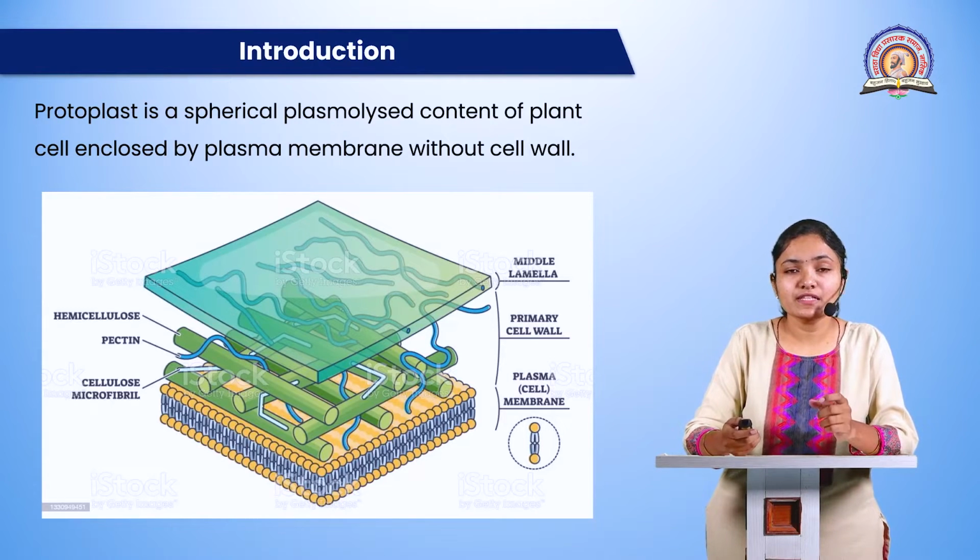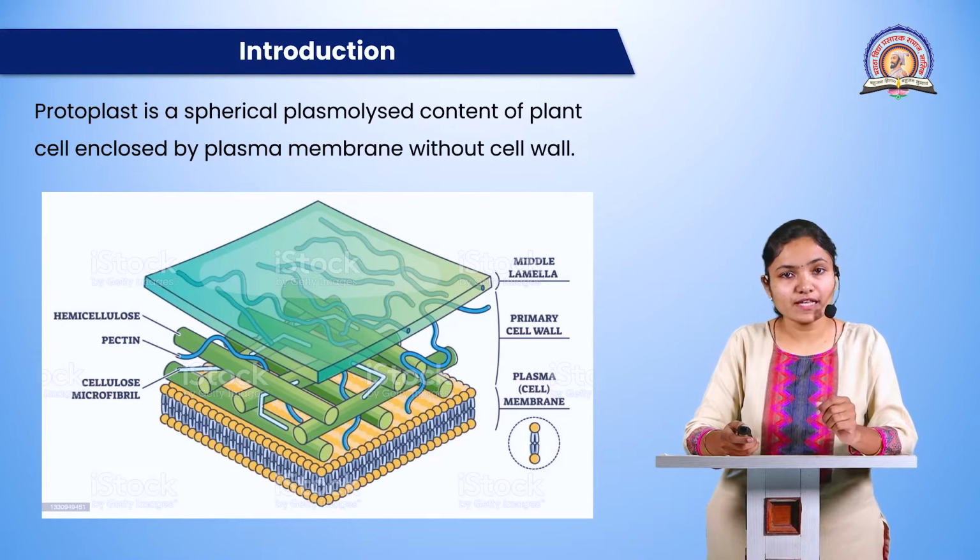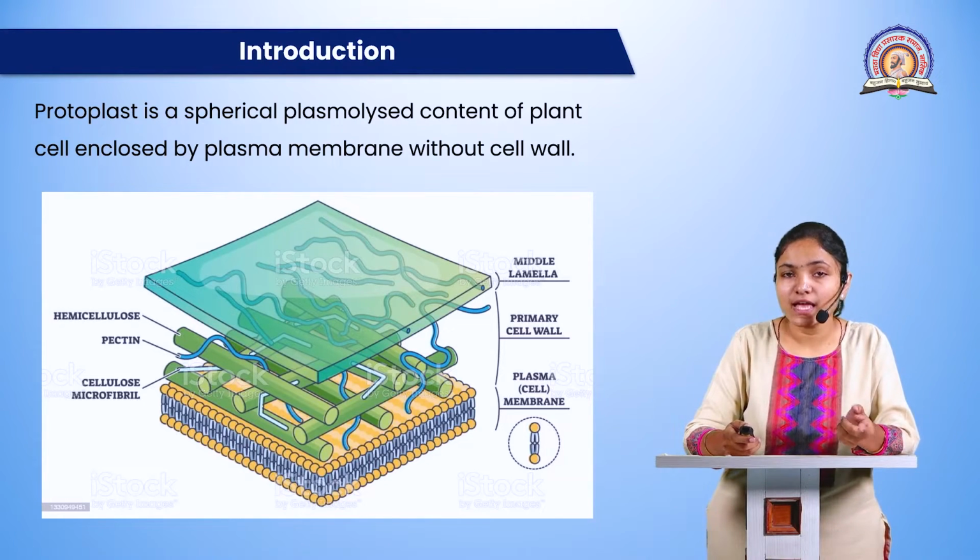Now you can see in the diagram at the top what is present is the middle lamella, after which there is the presence of the primary cell wall. Within this primary cell wall we have cellulose and pectin. Both of these are nothing but carbohydrates or polysaccharides.